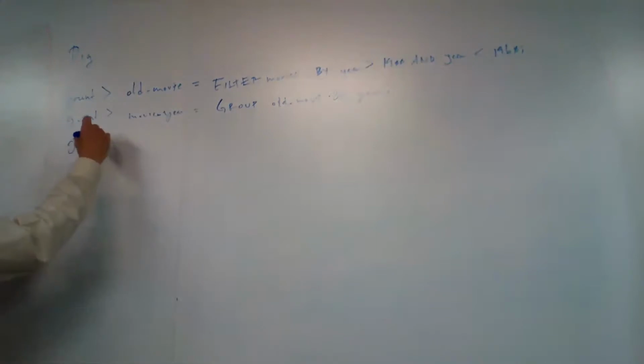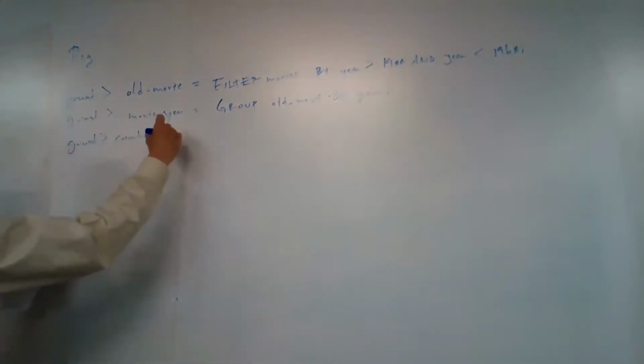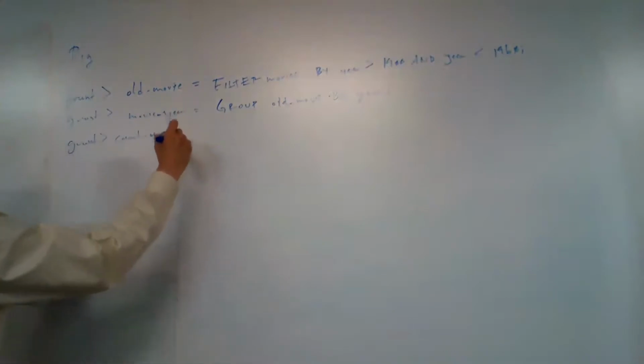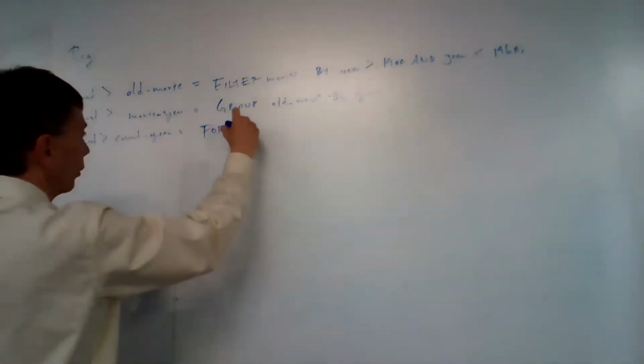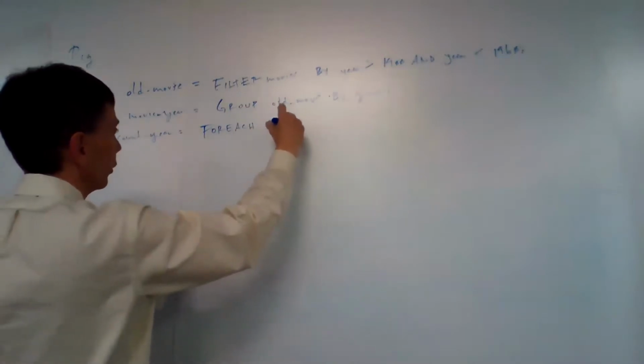So this is a sorting type command, a grouping type command, and so that will happen very quickly. And then you might say something like count year equals for each movie year.